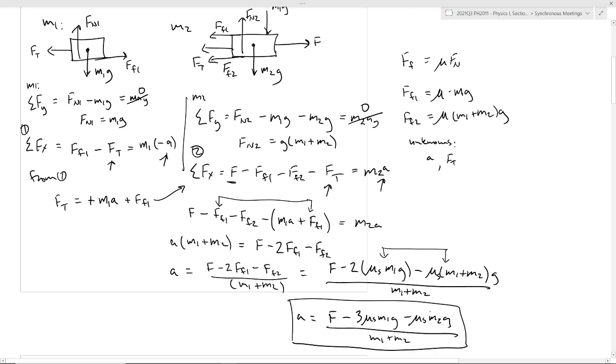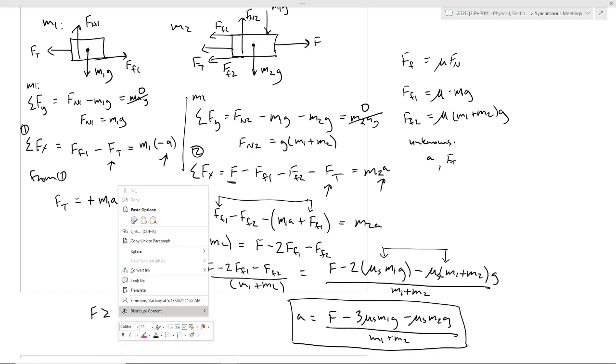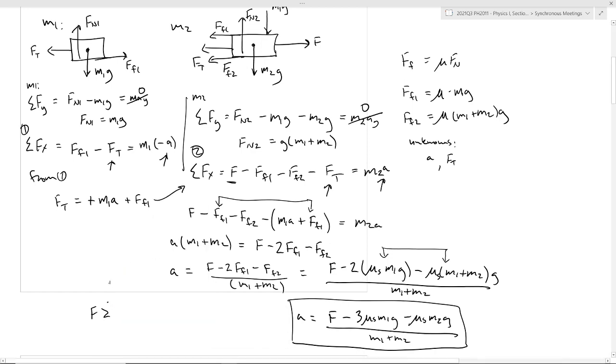So the critical condition would be for F to be larger or equal to the negative of the rest of the stuff in the numerator. So we can solve for when those are equal, and that'll give us the critical force.